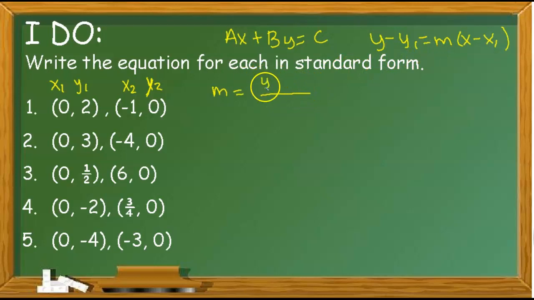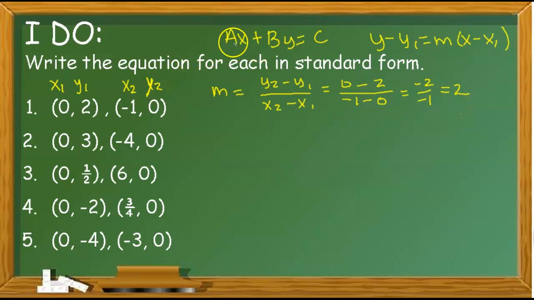Remember the slope formula being y2 minus y1 over x2 minus x1. When we put our numbers in there, we get 0 minus 2 over -1 minus 0, which is -2 over -1, and therefore my slope is 2. That would be one way to do it.